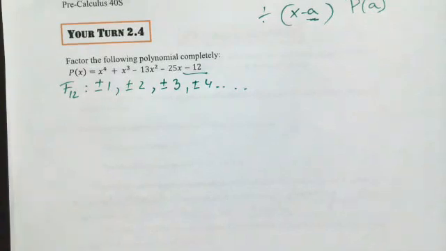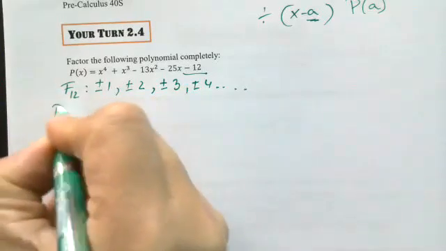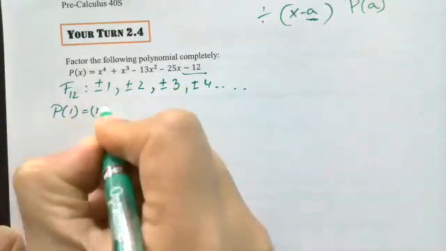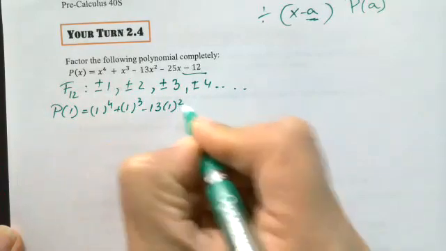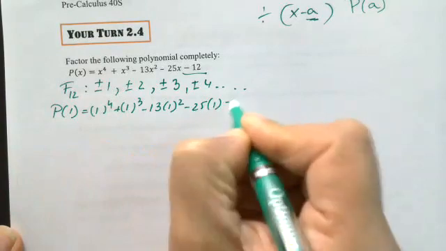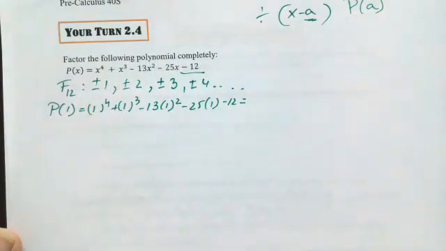Okay, so then I go down the list one by one. P of 1: 1 to the 4 plus 1 cubed minus 13 times 1 squared minus 25 times 1 minus 12. Try not to copy from the board.